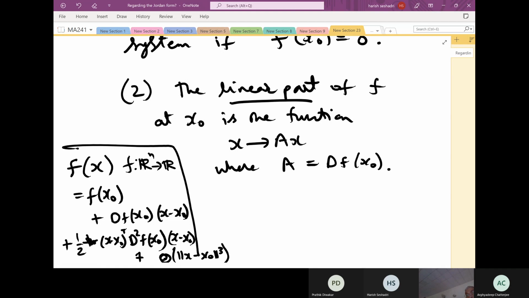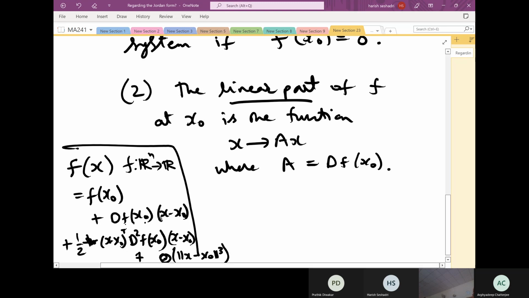But the upshot is that after this df at x naught, x minus x naught, everything else depends quadratically or higher on this x minus x naught. Here already for the Hessian, it's second order. If you take the norm, it will be less than some constant times x minus x naught squared.